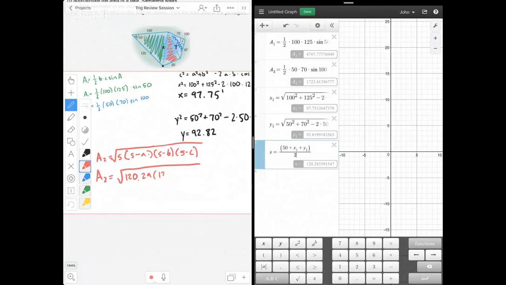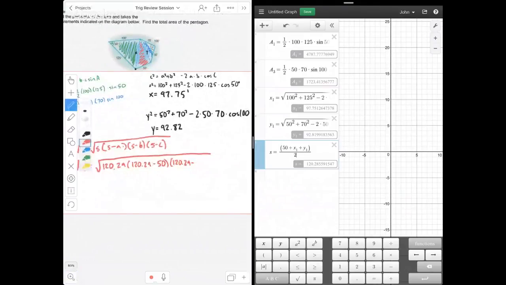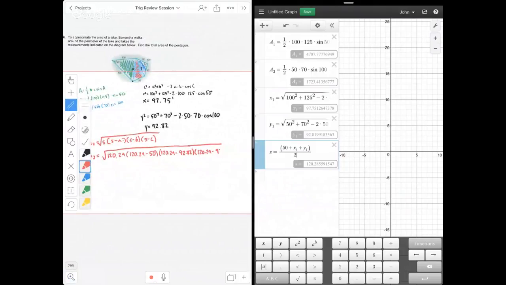So I've got 120.29 times 120.29 minus side a, which is 50, times 120.29 minus side b, which is 92.82, times 120.29 minus 97.75. No, that didn't work. 97.75. Whew. Cool.